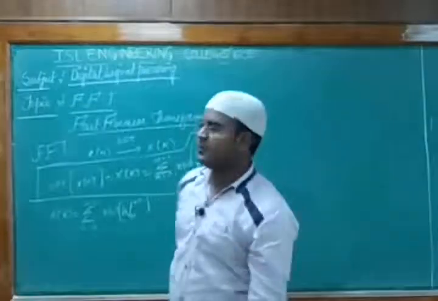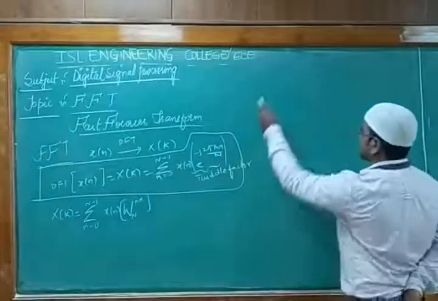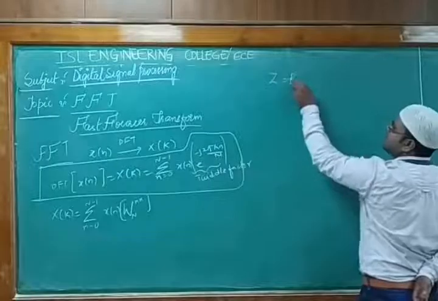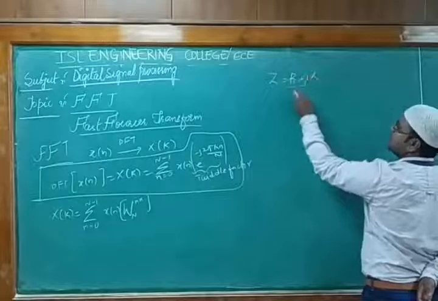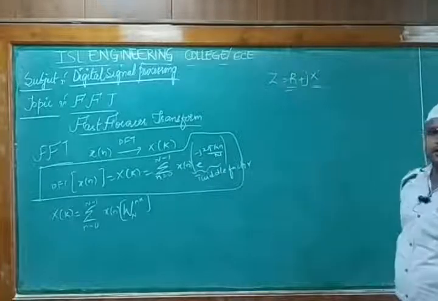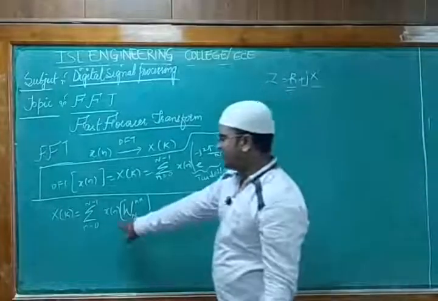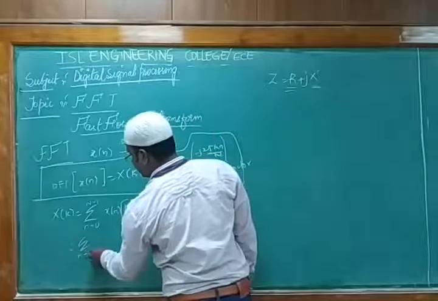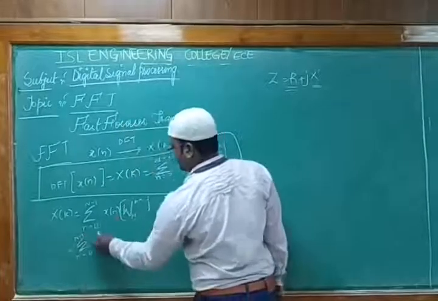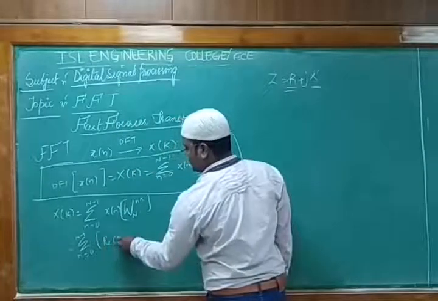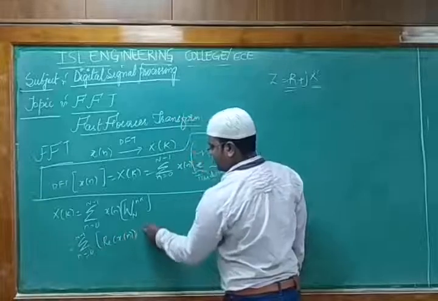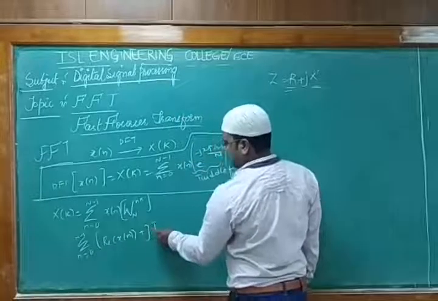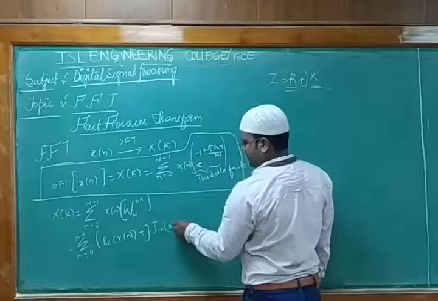If you have any complex number, suppose I am using the impedance function z equals r plus jx. This is my real term, this is my imaginary term. In the same way, I want to expand this one. How do I do it? Same, I will write the summation n equals 0 to N minus 1 of the real part of x of n plus j into the imaginary part of x of n.